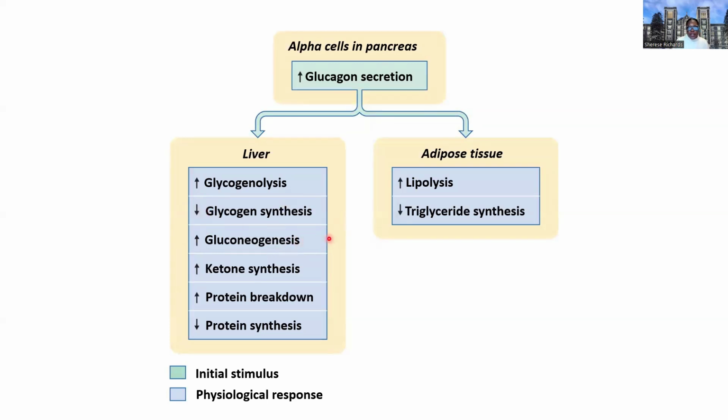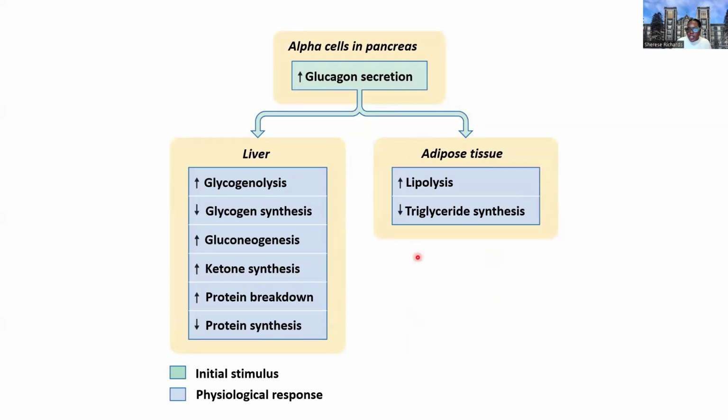Gluconeogenesis, breaking down protein to make new glucose, increasing ketone synthesis from the use of fatty acids, and increasing protein breakdown, or proteolysis, while decreasing protein synthesis, which is the anabolic process. So it's going to be activating catabolic processes and blocking the anabolic processes. Okay.